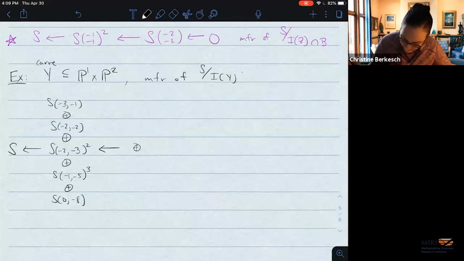And then several syzygies. So this gets much bigger, and this is still quite a small example as far as examples go.